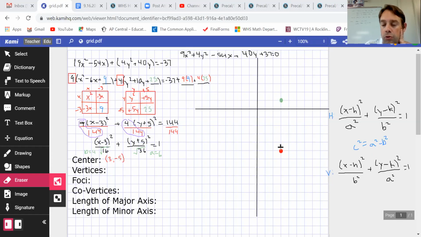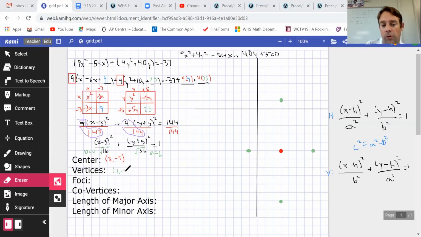Literally, we're just counting. 1, 2, 3, 4, 5, and 6. The right 4, 1, 2, 3, 4. Left 4, 1, 2, 3, 4. That means our foci is also going to be up and down, so we can go ahead and deal with that now.